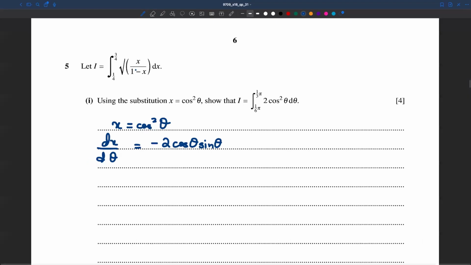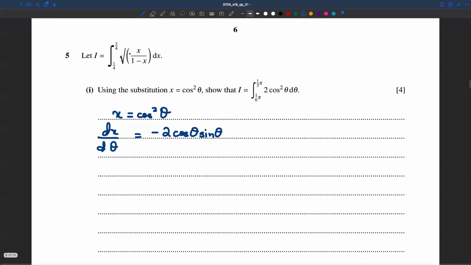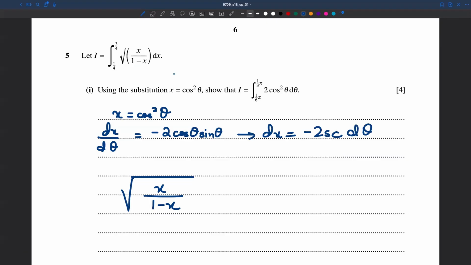Now I have root of x upon 1 minus x dx. In place of dx, I will replace dx with minus 2 sin θ cos θ dθ, right? Okay, this is the integral sign. We'll change the limits after we are done with the substitution.